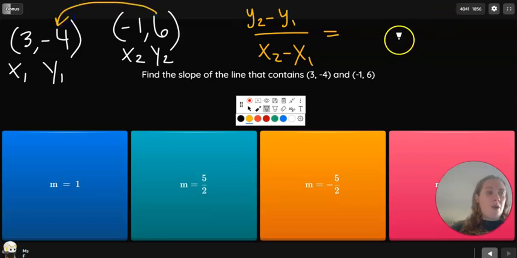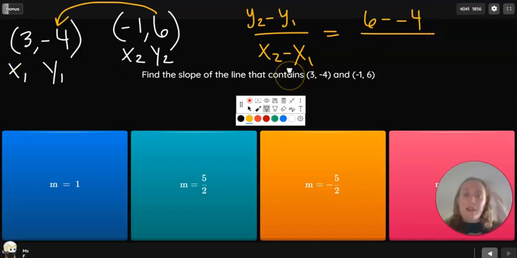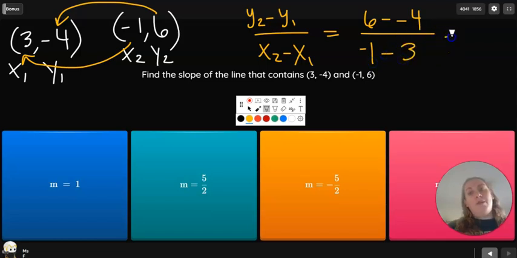y2 minus y1 is 6 minus a -4. Careful with your signs. If you have a negative and you're plugging it in, you are going to get that double negative. -1 is our x2 minus 3. When we get this double negative, that becomes a plus. So we have 6 plus 4, which is 10, divided by -1 minus 3, which is -4.